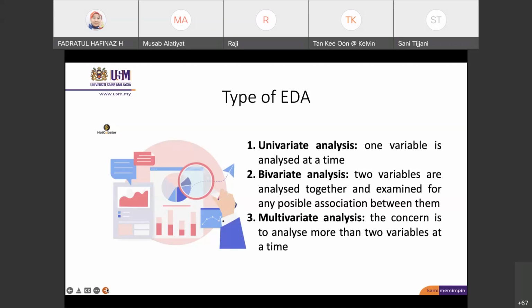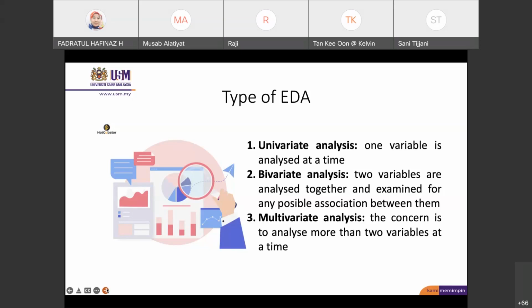Bivariate analysis is two variables that are analyzed together and examined for any possible association between those two variables, right? Multivariate analysis is concerned with analyzing more than two variables at one time, right?